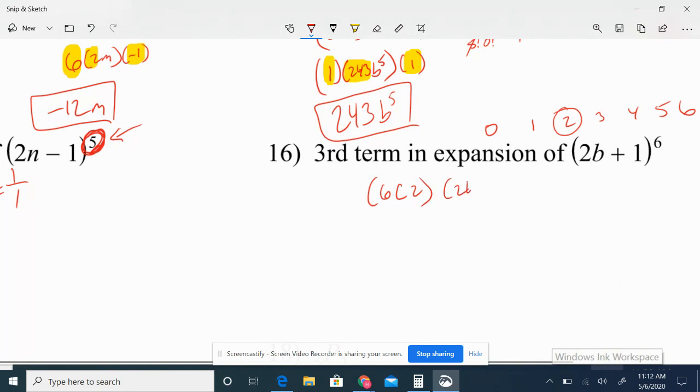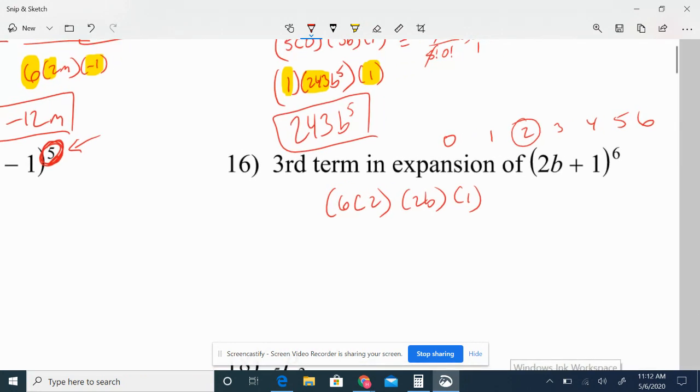My first term is 2b. My second term is 1. Then I say, well, what's 6 minus 2? 4. What's 6 minus 4? 2. My two exponents, 4 and 2, must add up to 6 because that's my exponent.